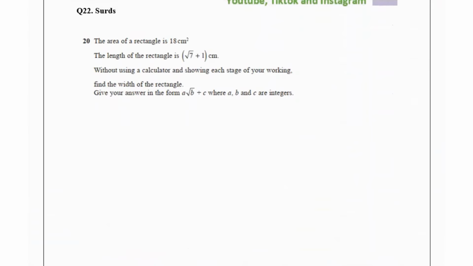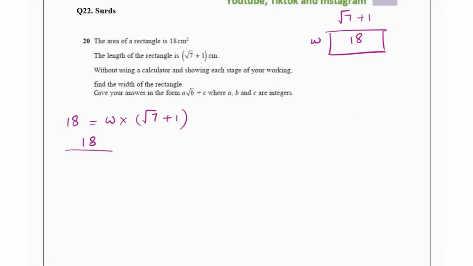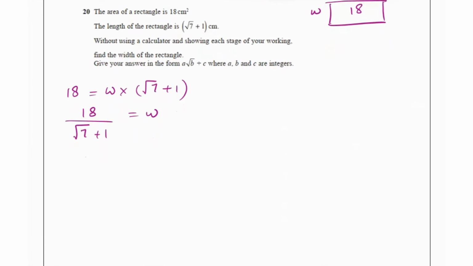So 18 equals W times root 7 plus 1. 18 divided by root 7 plus 1 equals W. So we're going to rationalize the denominator to figure out what W is.